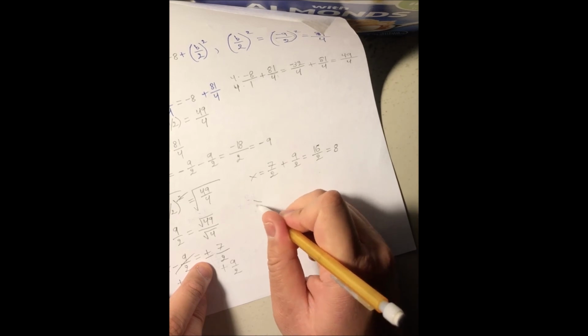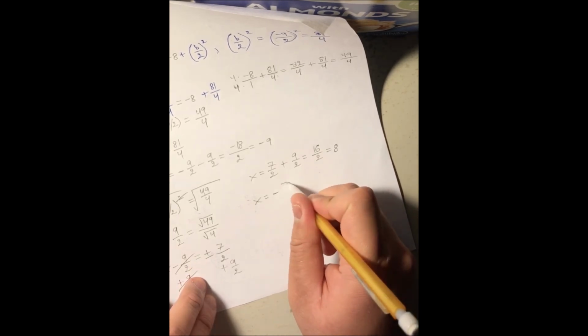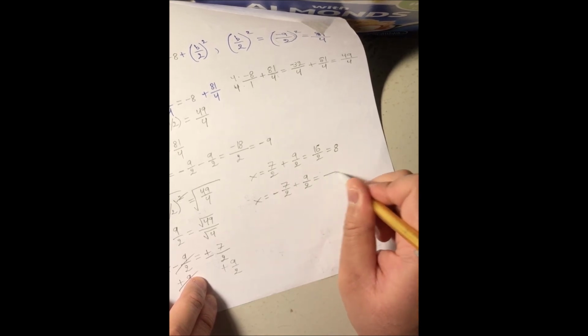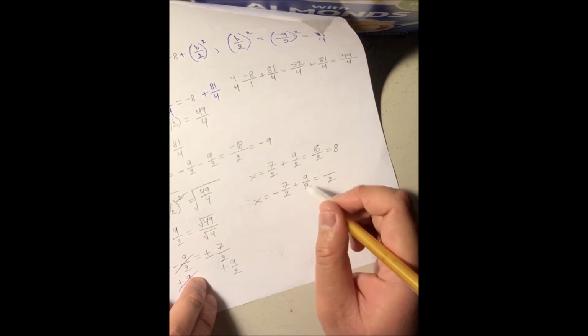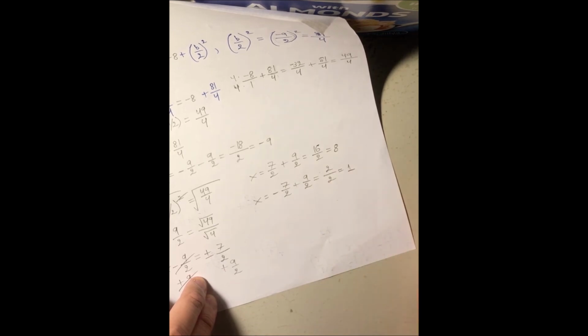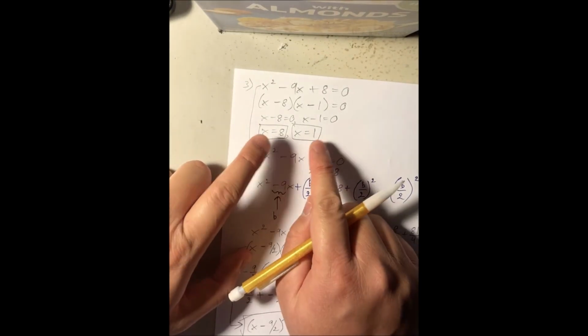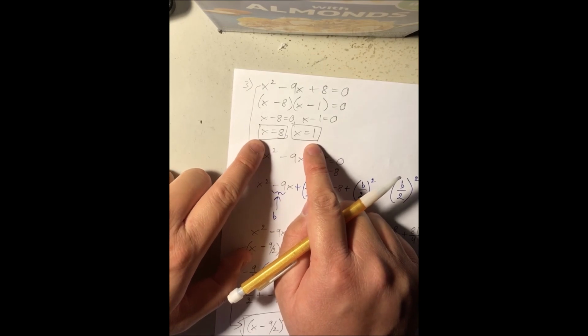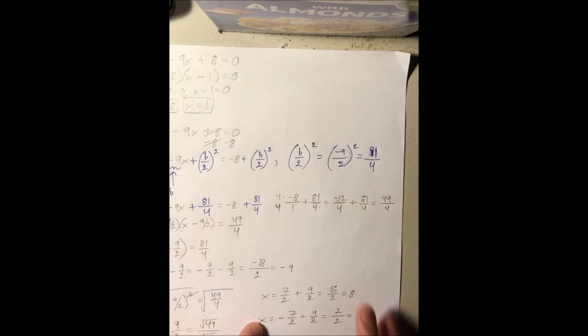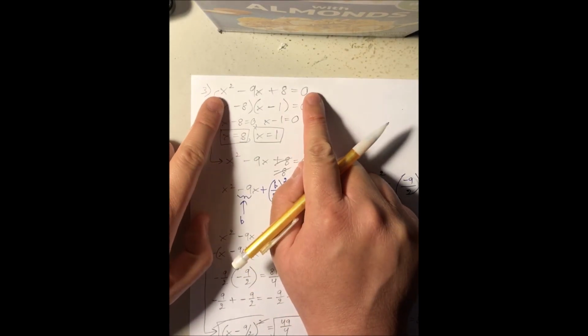And the second case is going to be x equals negative 7 over 2 plus 9 over 2, which is going to give us 2 over 2, which is positive 1. Well, hey, I mentally checked it earlier too, that x equals 8 and x equals 1 are actually the solutions of this equation.